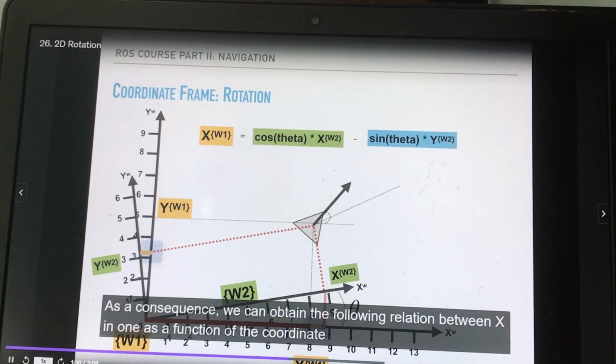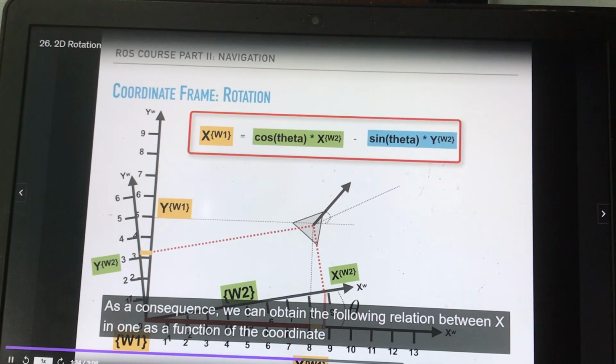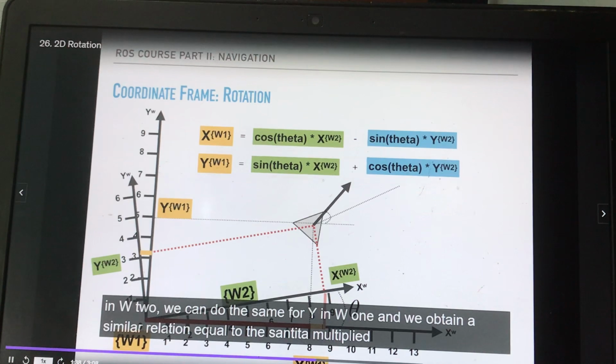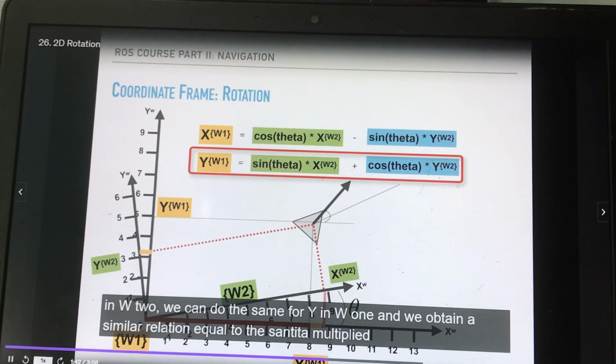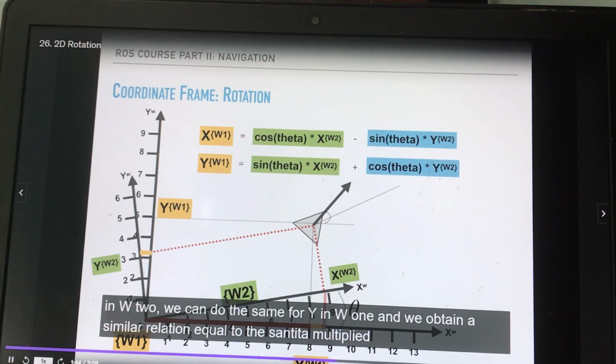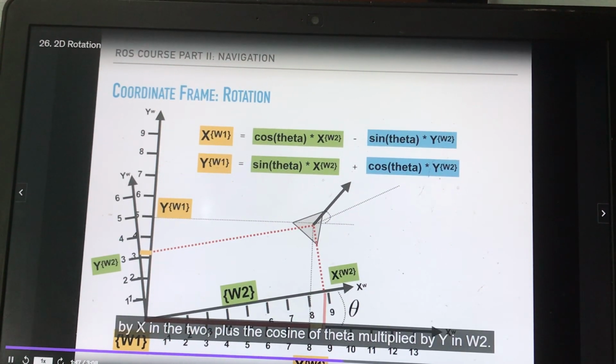As a consequence, we can obtain the following relation between x in W1 as a function of the coordinate in W2. We can do the same for y in W1, and we obtain a similar relation equal to the sine theta multiplied by x in W2 plus the cosine of theta multiplied by y in W2.